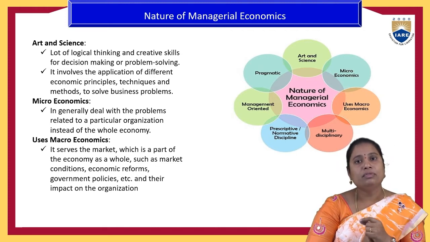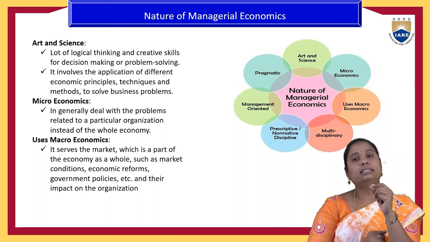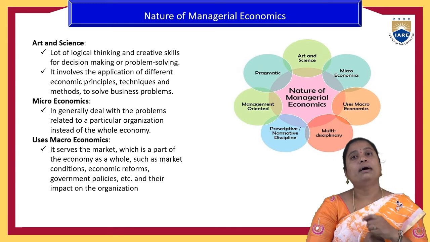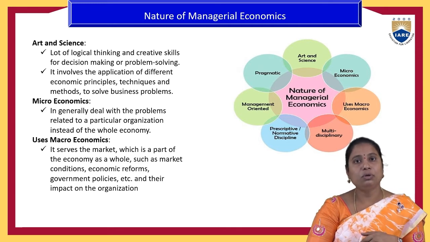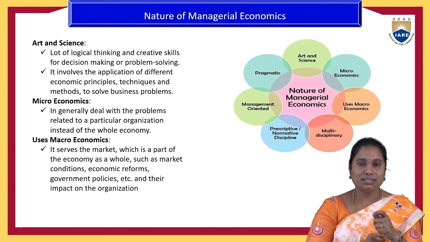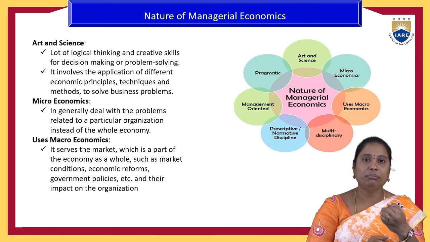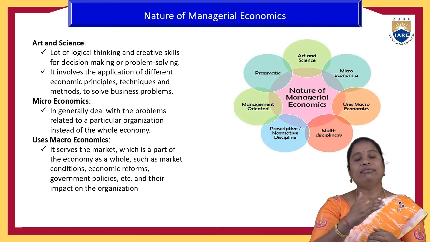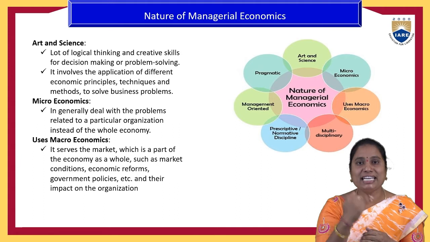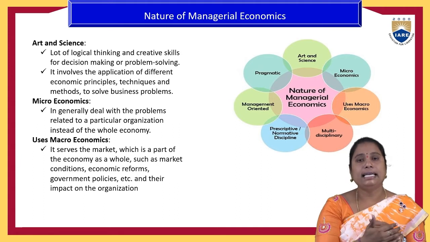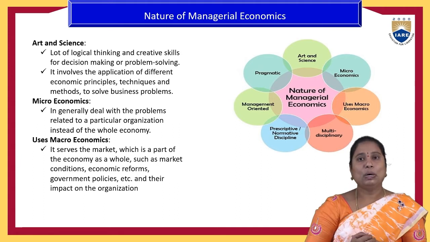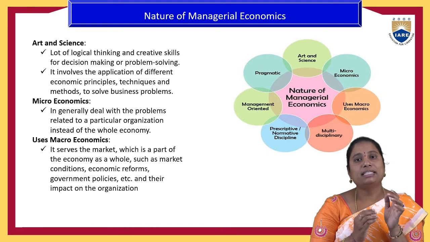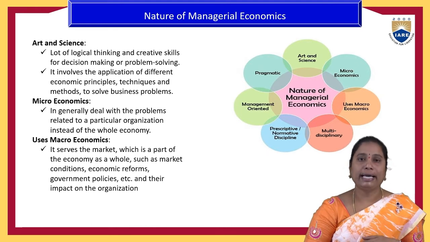So that's why the nature of managerial economics is very close to microeconomics, because they need to take care of each and every concept of the business, and they have to take the right decisions at the right time to correct any problem which is occurring in the organization. So that's why its nature is microeconomics.